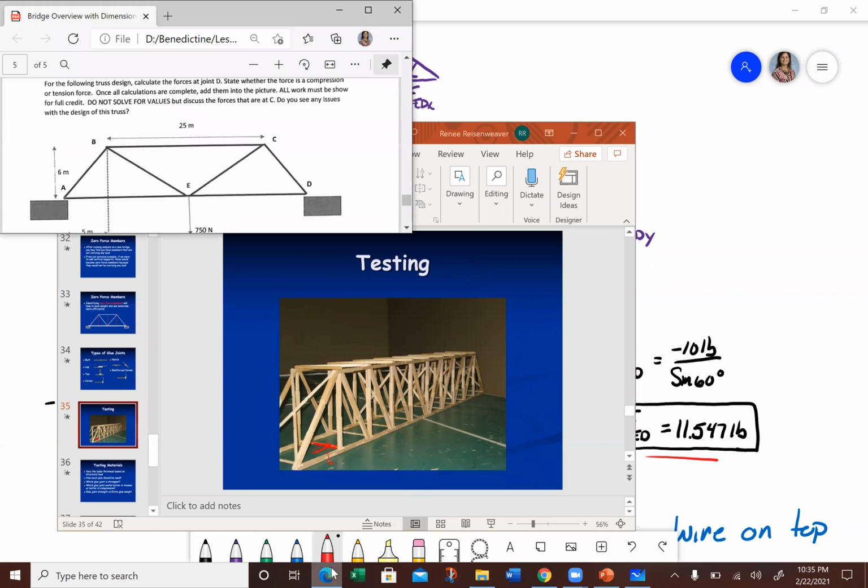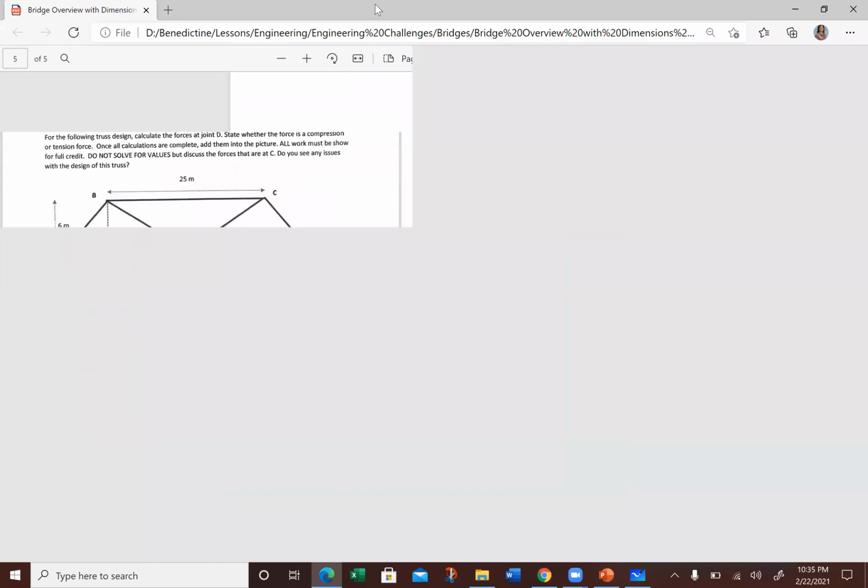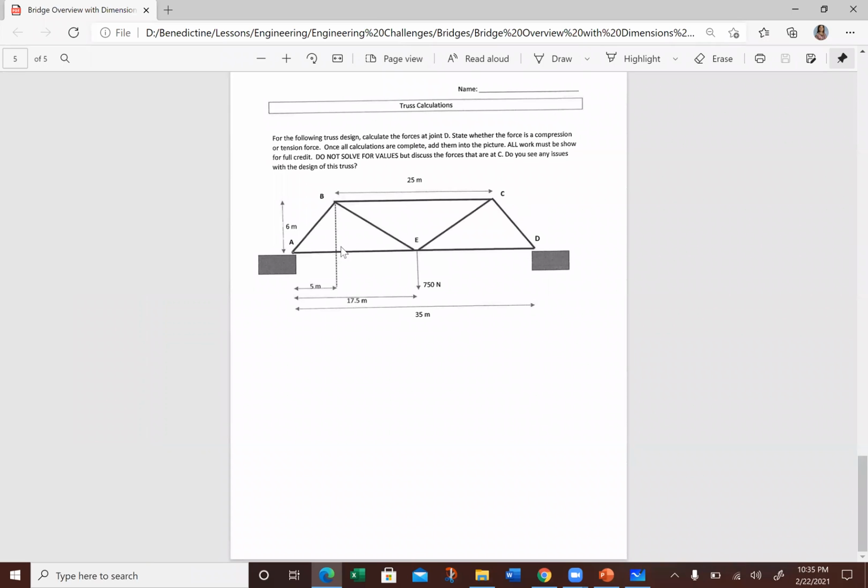Let's go over to this problem, right? So here's your problem that we want to take a look at. Looks very similar, right? Now, what I did not give you here are the angles. Given these lengths, this is a right triangle. I'm going to challenge you guys to figure out what that angle is right here. I've given you this side and that height.